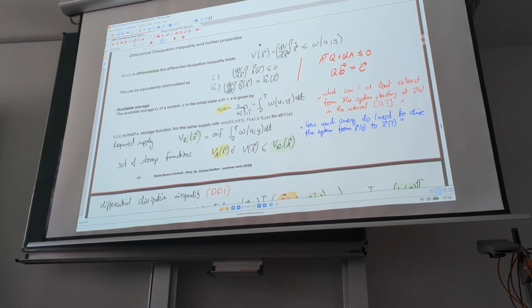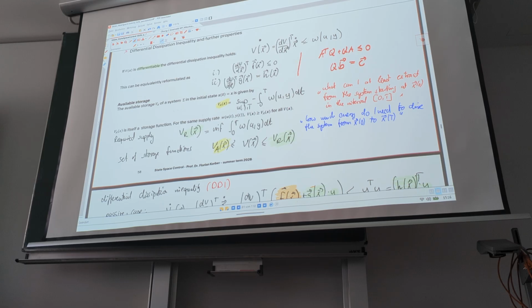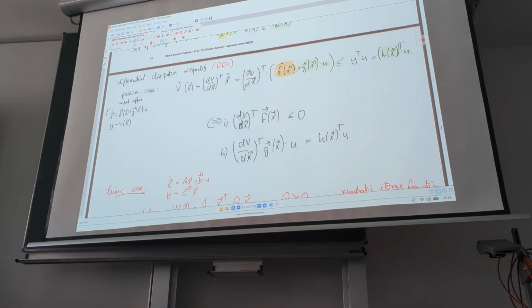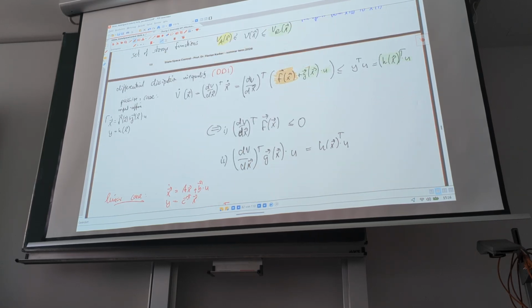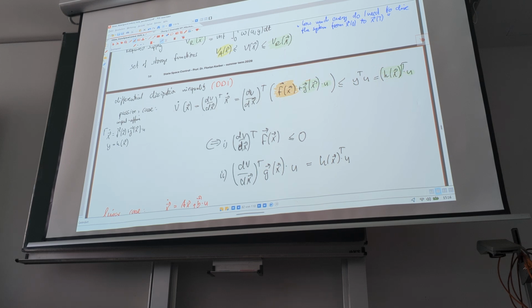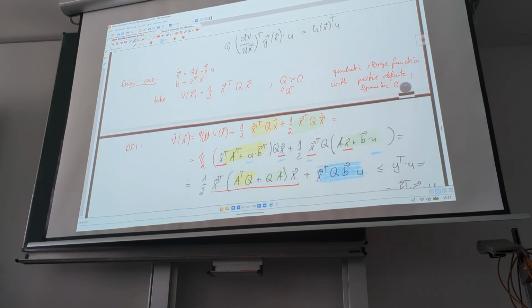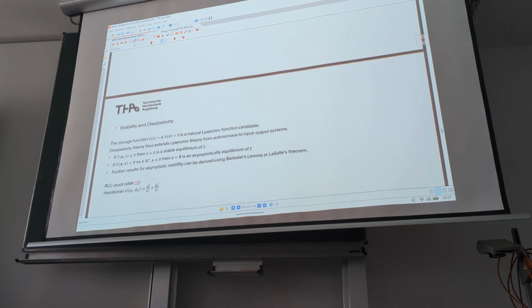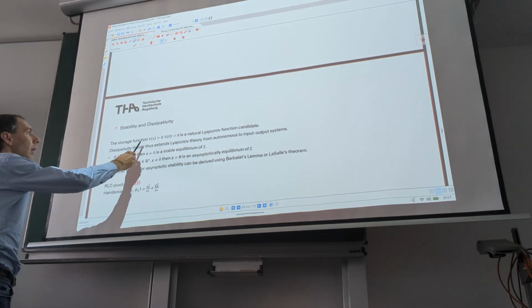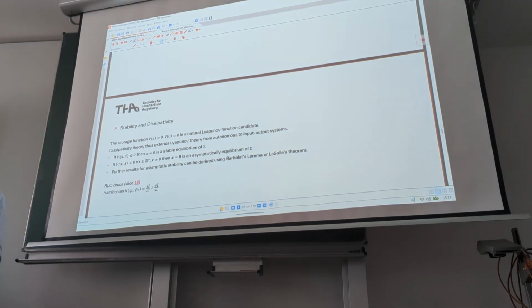Now, how is this related with stability? We can have a look at this. If there are questions, then of course please always ask. We can take the storage function as a candidate Lyapunov function.